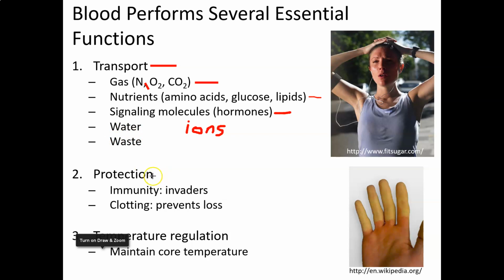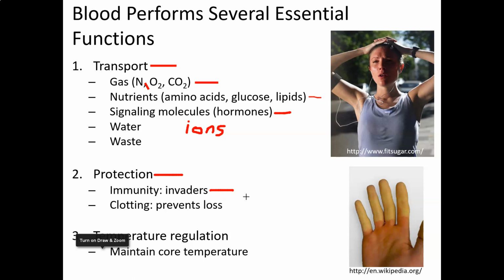The second major essential function is protection. Protection comes in a couple different ways. One, obviously, is immunity. It's a big thing right now that we're looking at in terms of the immune system and how coronavirus attacks us and some of the things it does and how to make us less susceptible to having severe complications because of it.